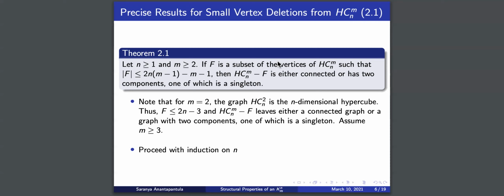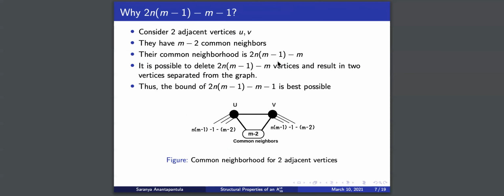First, let's note our base case: when m equals 2, HC_2^n is an n-dimensional hypercube, which means that deleting up to 2n minus 3 vertices leaves either a connected graph or at most a singleton, which is our claim. So let's assume that nm is at least 3, and we'll proceed with induction on n.